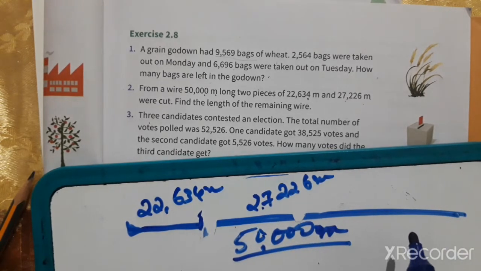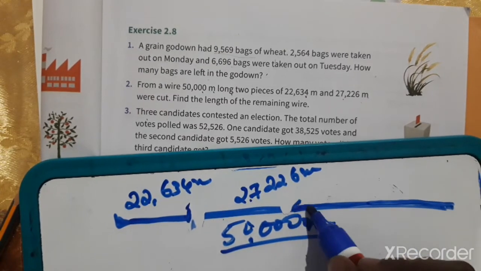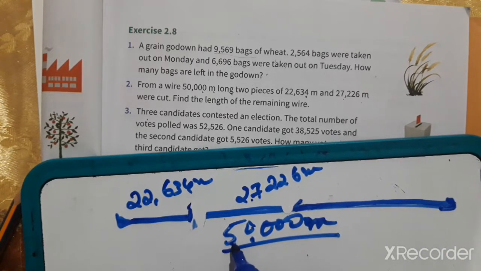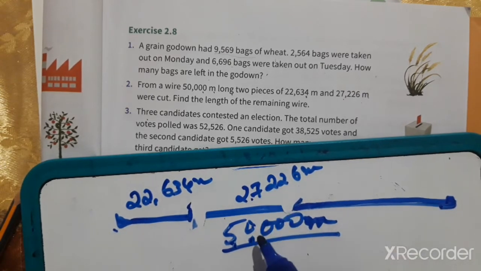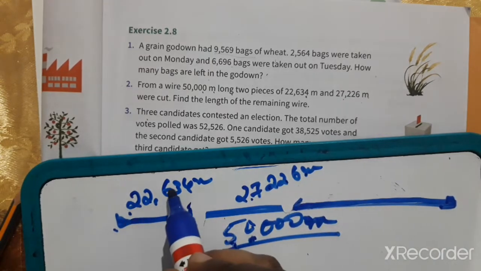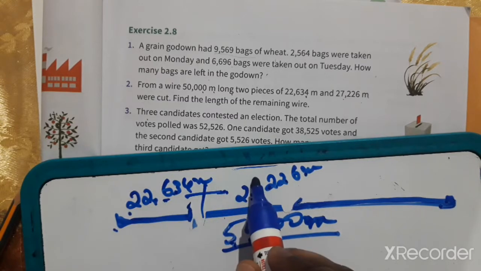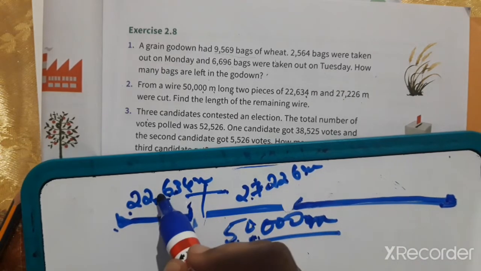Find the length of the remaining wire. This length we have to find. Remaining means we have to subtract from the whole length. The whole length of the wire is 50,000. We can do 50,000 minus 27,226, again minus 22,634, or we can add the first piece and second piece and subtract from 50,000.